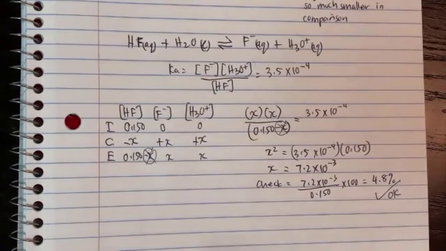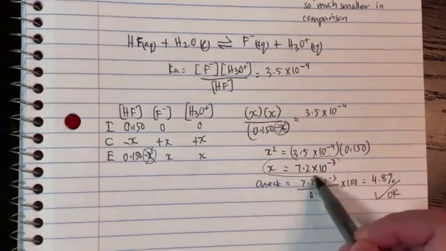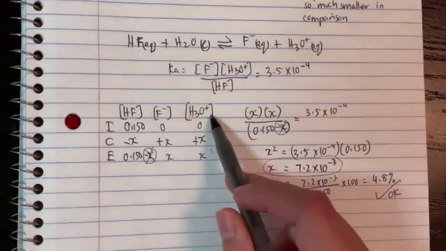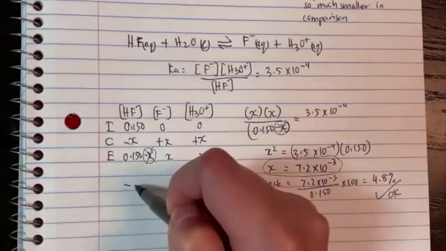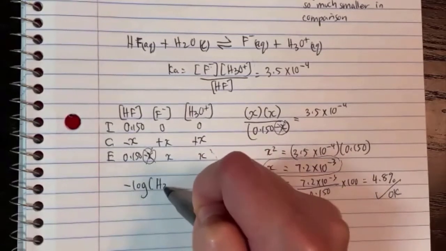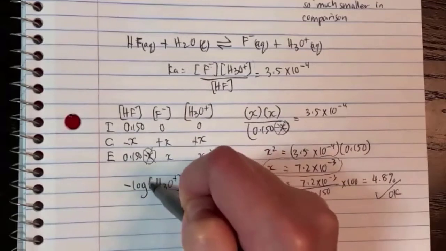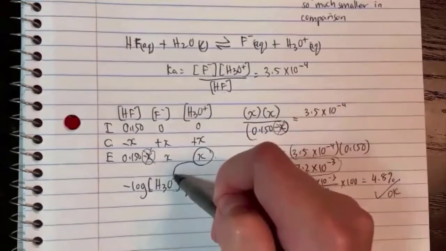All right. So with that, they wanted you to find a pH. So we know our x is good. What is x here? X is the concentration of hydronium at equilibrium. So minus log of H3O plus at equilibrium, which is x in this case.